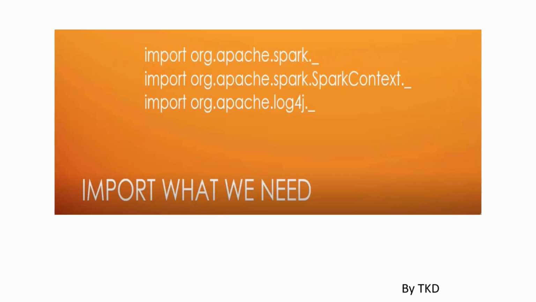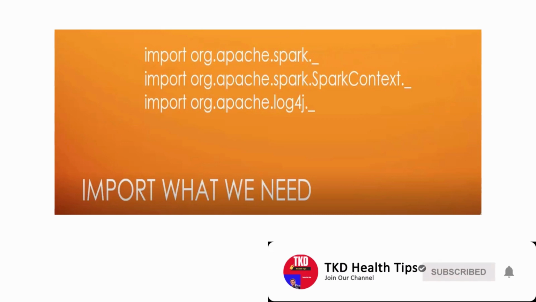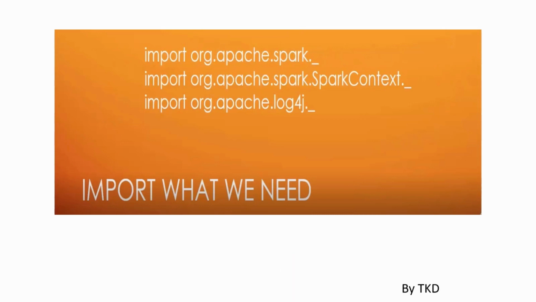We are going to import all the Spark libraries we need, specifically the Apache Spark Context library. We also import the log4j package because we are going to use the log level error. We are not going into depth about log4j, but we will print only the error level messages.